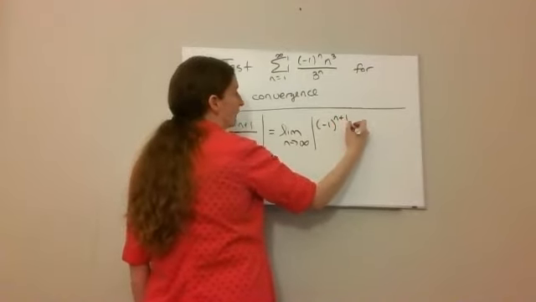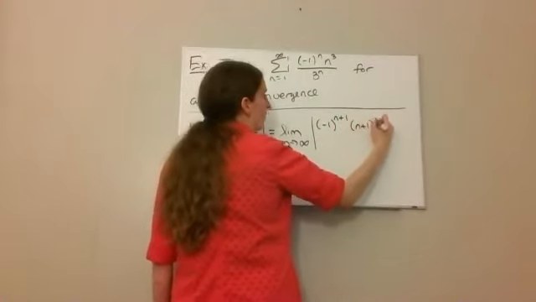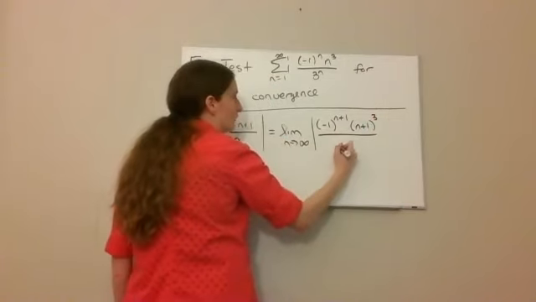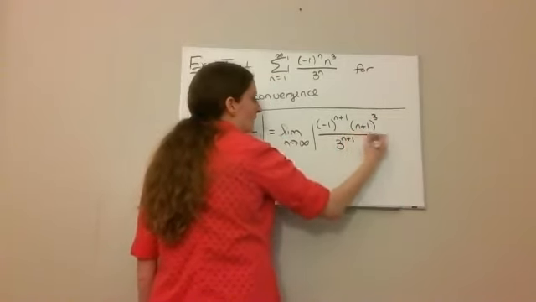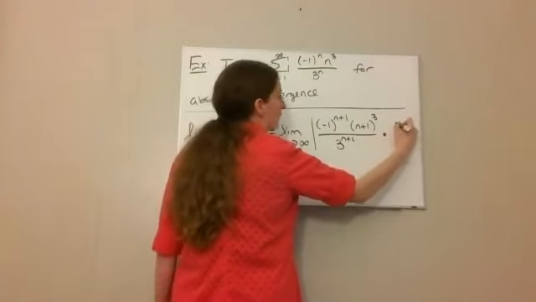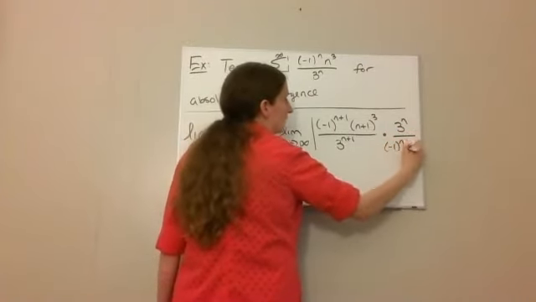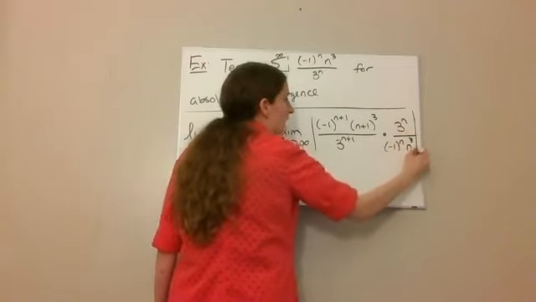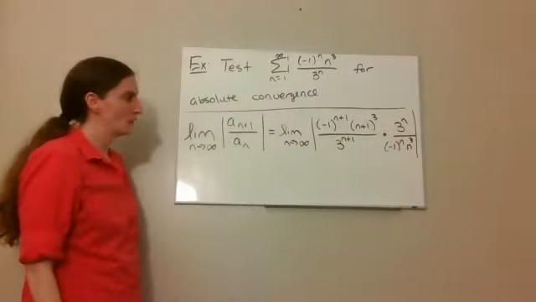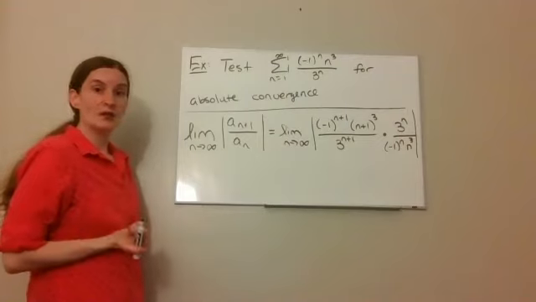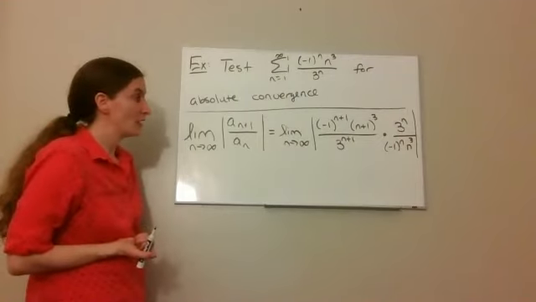My a_(n+1) is what I get when I plug in n+1 for all of my n's, and then I'm going to multiply by the reciprocal of my a_n, all inside of absolute values.